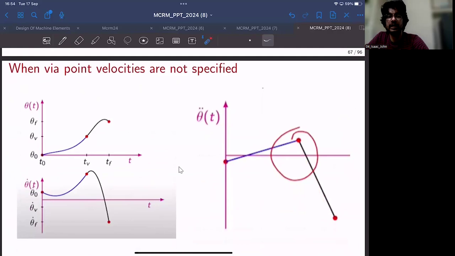That is why mostly we don't really care about the velocities at which we reach the via point. It is only important that we achieve that position, not the velocities with which we reach that position.